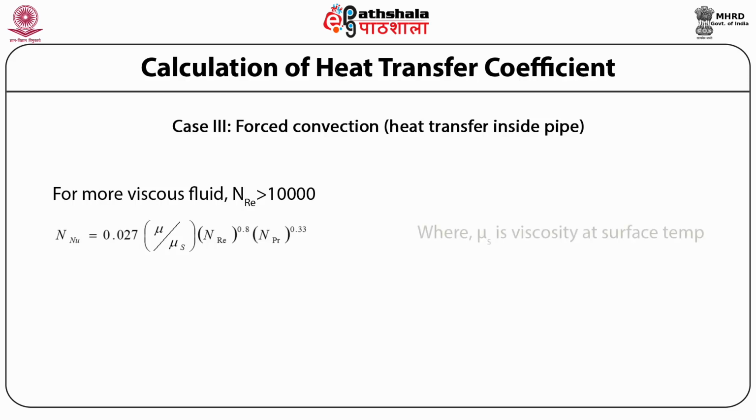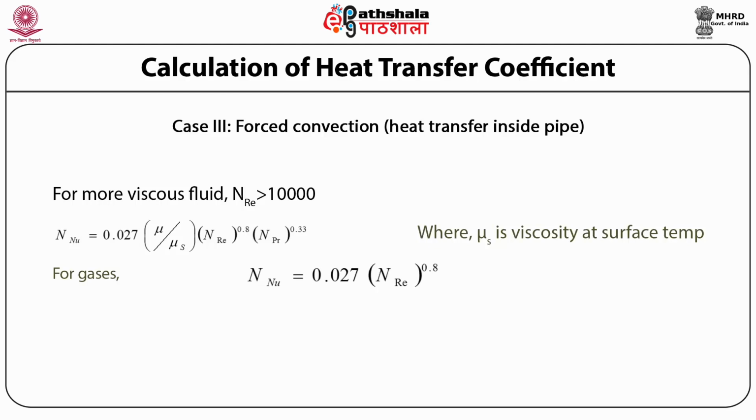In this case, mu s is the viscosity at surface temperature. And for gases in forced convection, the Nusselt number will be equal to 0.027 into Reynolds number to the power 0.8.